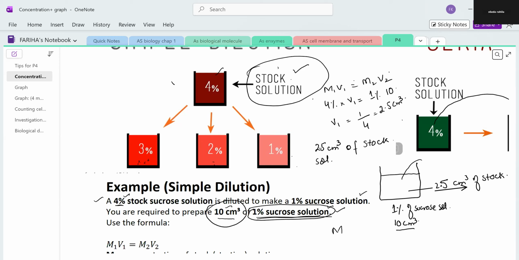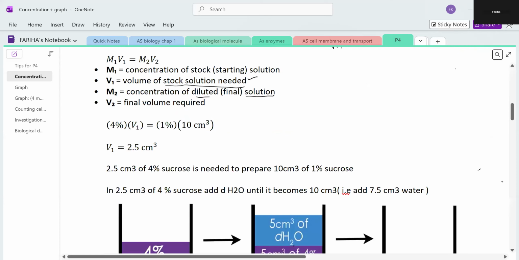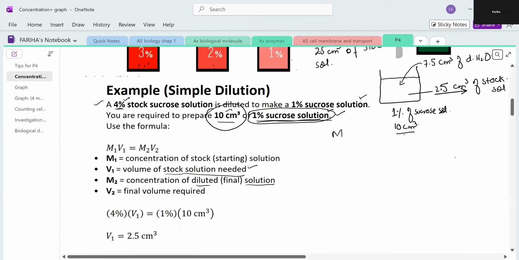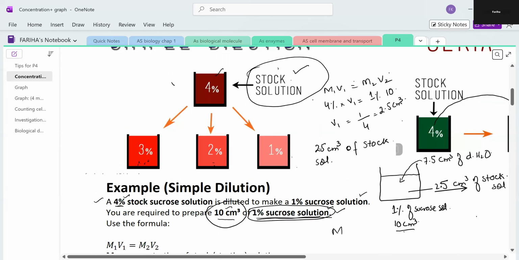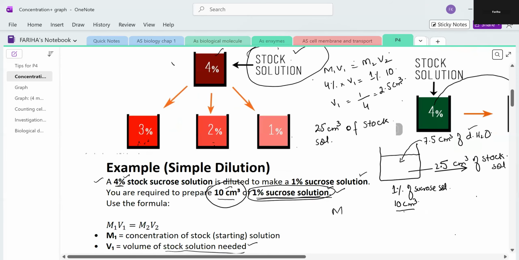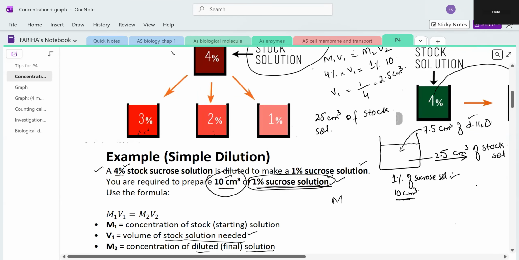We need to add 7.5 cubic centimeter of distilled water to this 2.5 cubic centimeter of stock solution in order to make 10 cubic centimeter of 1% sucrose solution. Is this clear to you?